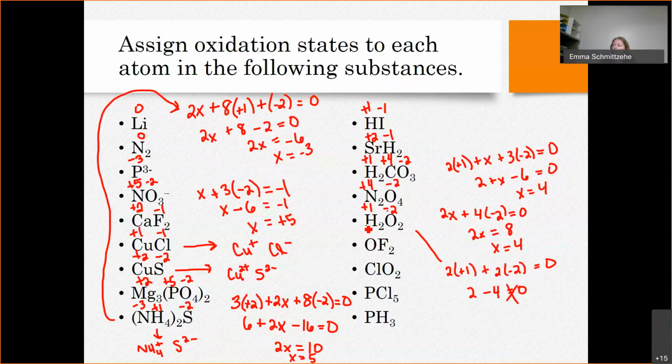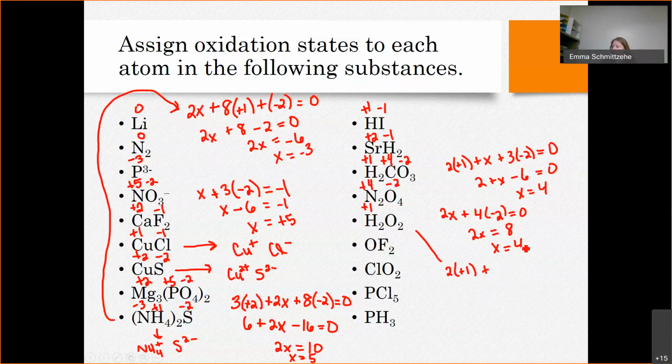So this is where, remember, hydrogen in a compound is ±1. And so we're good putting a +1 there because it is with a nonmetal. But oxygen, remember, most of the time is -2. In this case, it's actually not -2. And so we can figure it out. We can say 2x here.